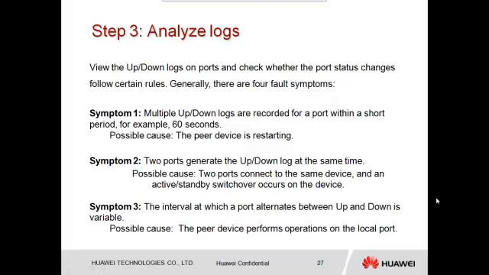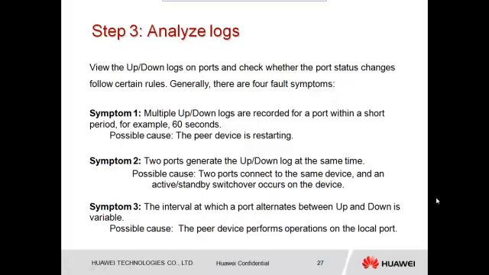Symptom 2. Two ports generate the up and down log at the same time. The possible cause could be two ports connect to the same device and an active or standby switchover occurs on the device. Symptom 3. The interval at which a port alternates between up and down is variable.